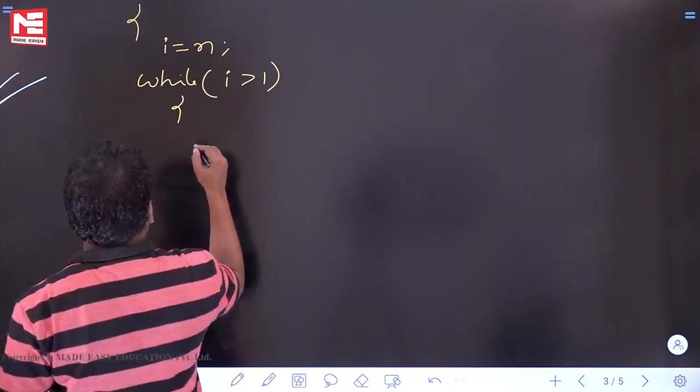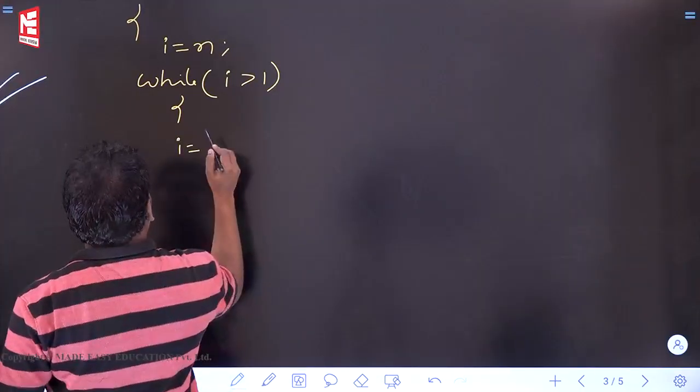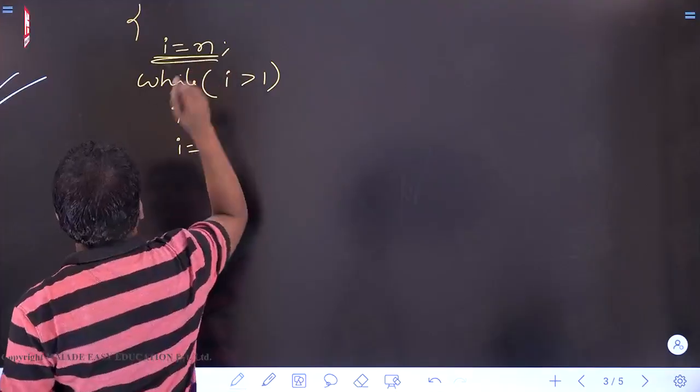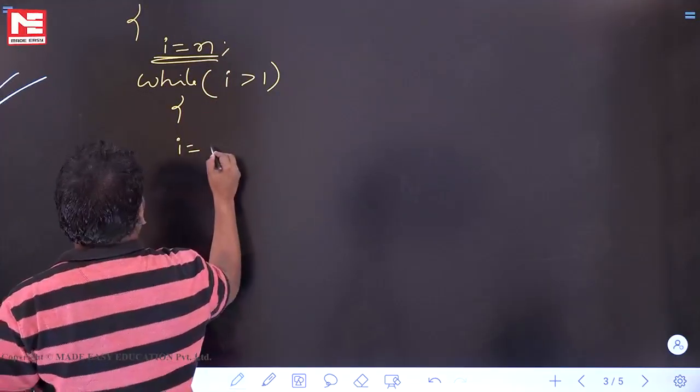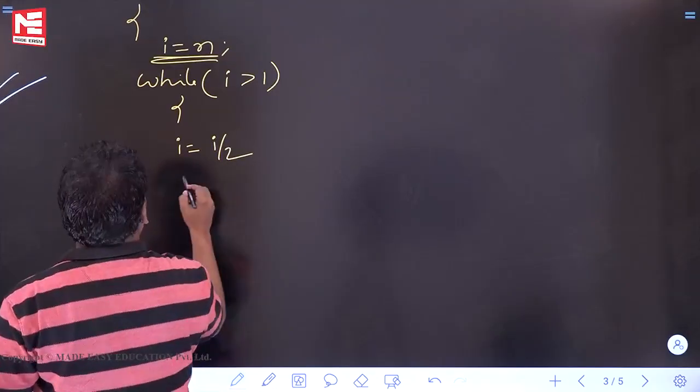Now see the interesting answer. i is already big. Please be careful. i is already big, so you have to decrement. See the answer: i = i / 2.